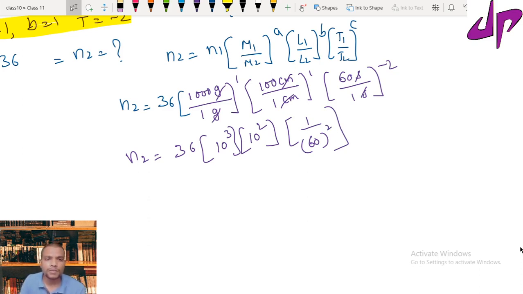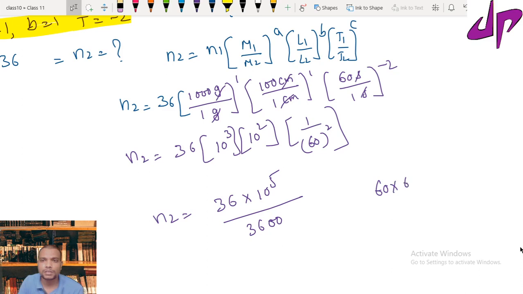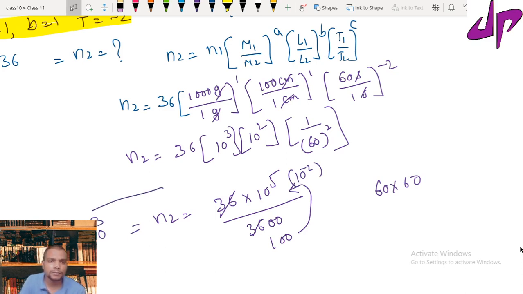Now if you simplify that, N2 equal to 36 times, on the numerator you get 10 power 5, on the denominator you get 60 square, which means 60 times 60, 3600. Now 36 gets cancelled, and here it becomes 100. This 100, if you take to the numerator, becomes 10 power minus 2. If you do this simplification, the value of N2 becomes 10 power 3.